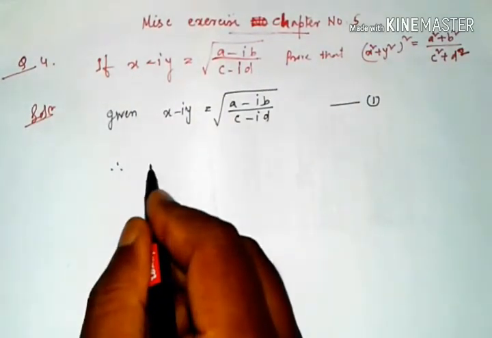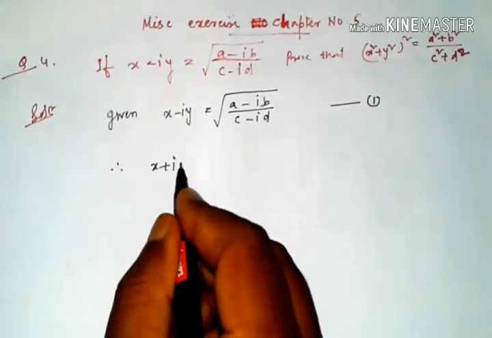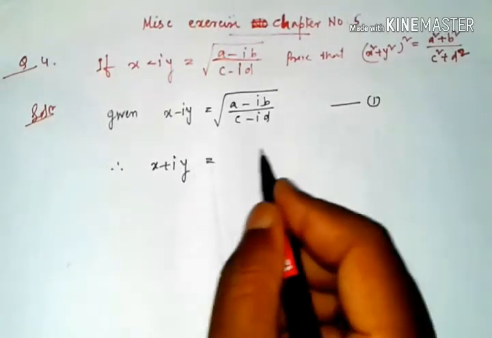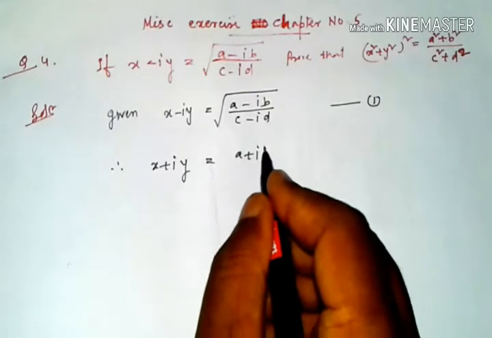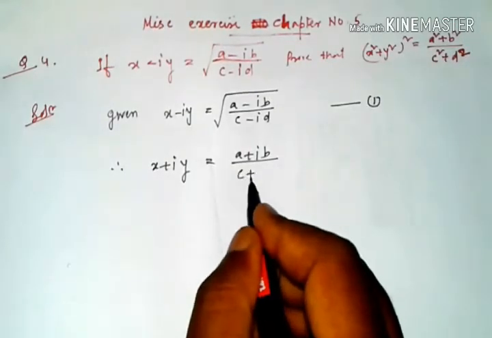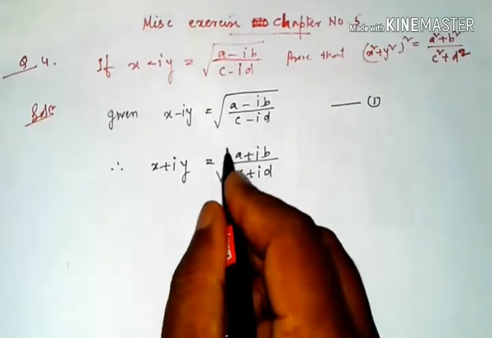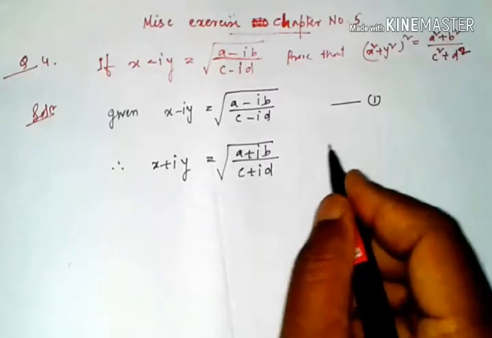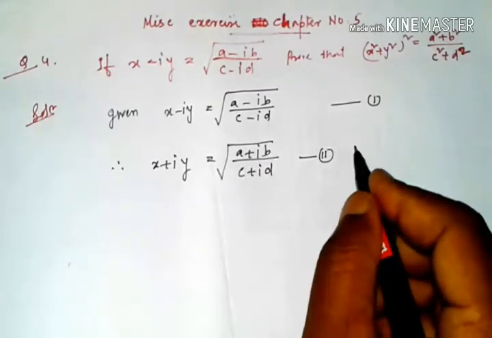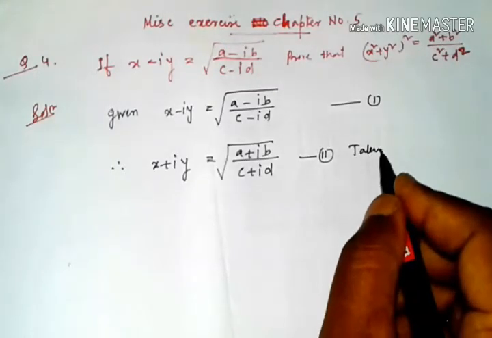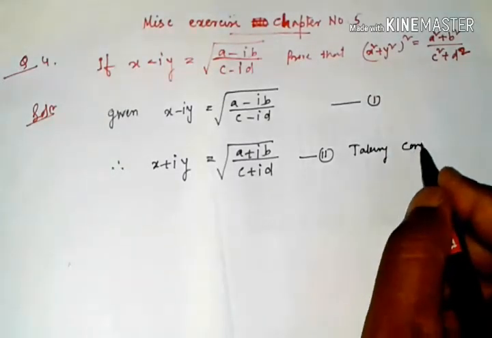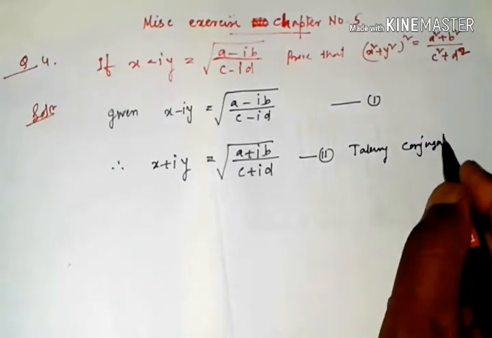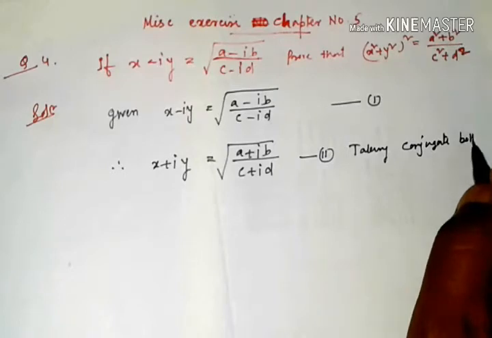Therefore, x plus iy is equal to the square root of (a plus ib) over (c plus id), this is number 2, taking the conjugate of both sides.